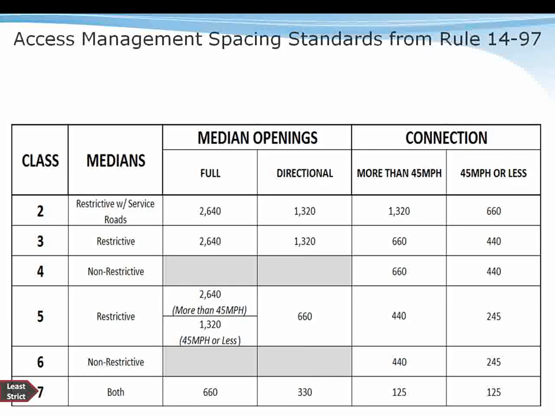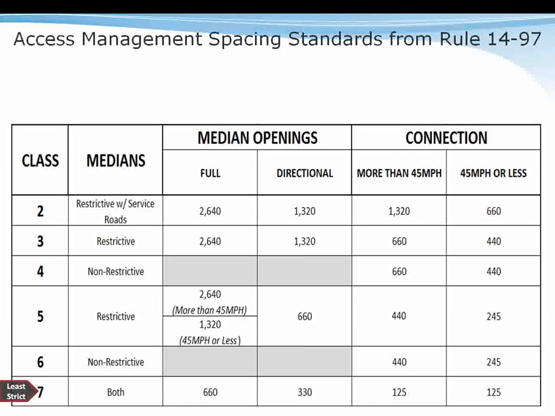We do not have Class 1 on here because, if you remember from the previous slide, Class 1 are freeways. And freeway access management is handled by the spacing of interchanges, which we will not talk about here.